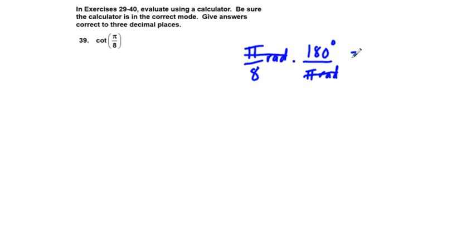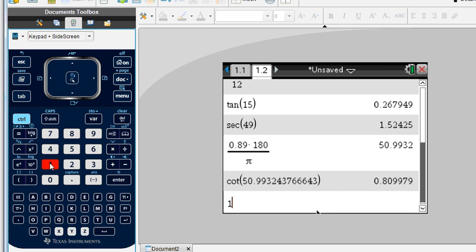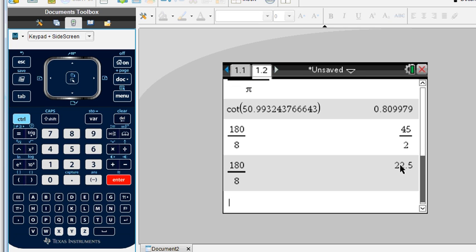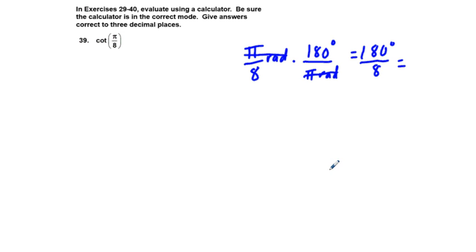So we end up with 180 degrees over 8, which is 45 over 2, and just to get a decimalized answer, we get 22.5 degrees.